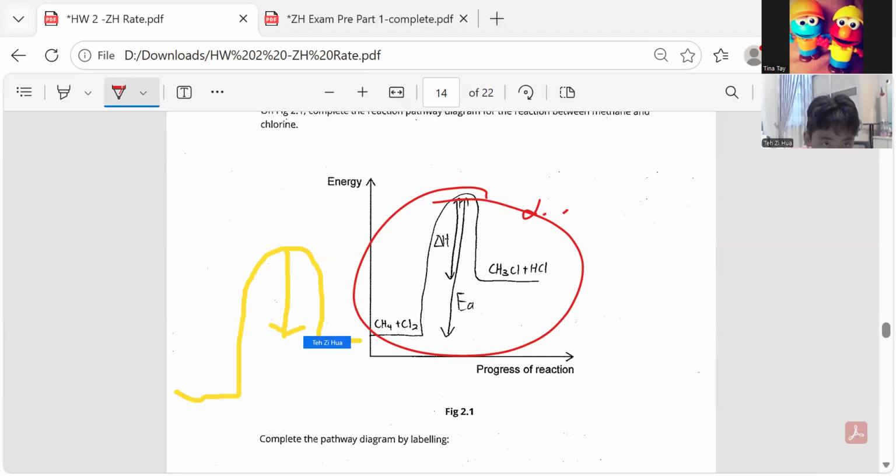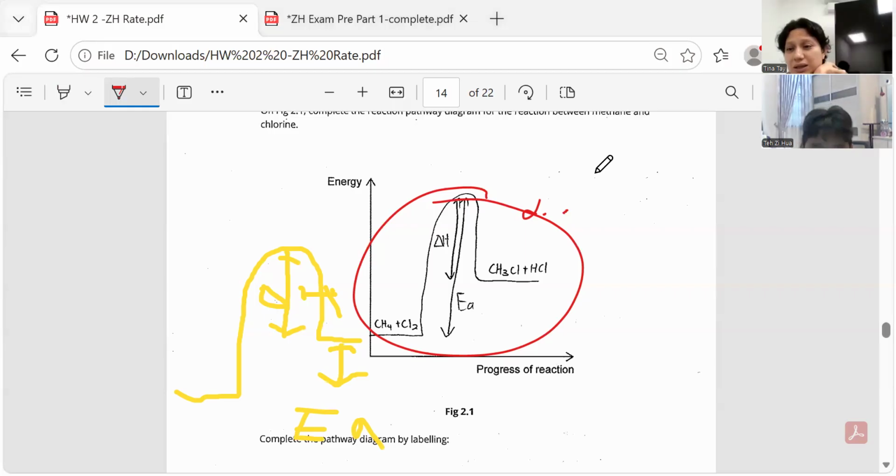Don't draw like that. Draw on a piece of paper and send me. ZiHua, I said it 3 times already. ZiHua, can you hear me? I said draw on a piece of paper and send me. You draw like this, I don't know what you're doing. It's very messy. I said it 3 times already. You cannot hear me, is it? What's wrong with you today?